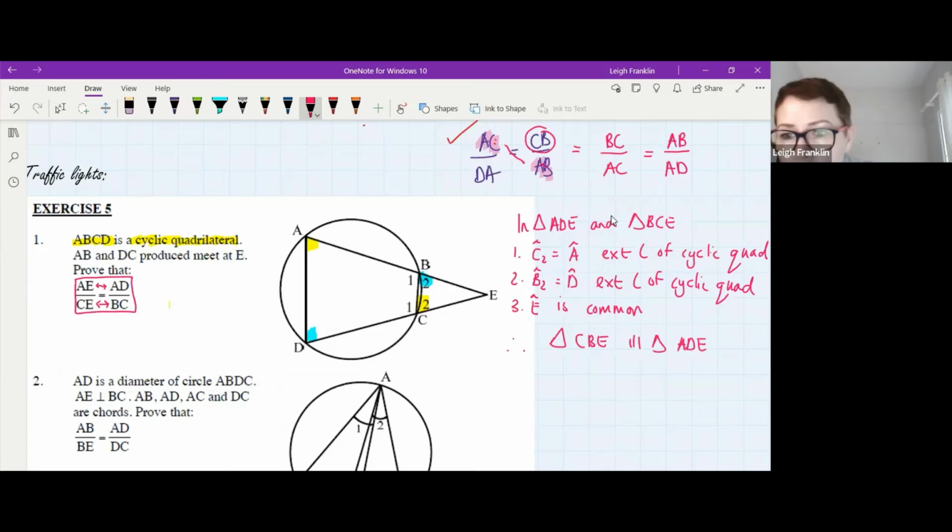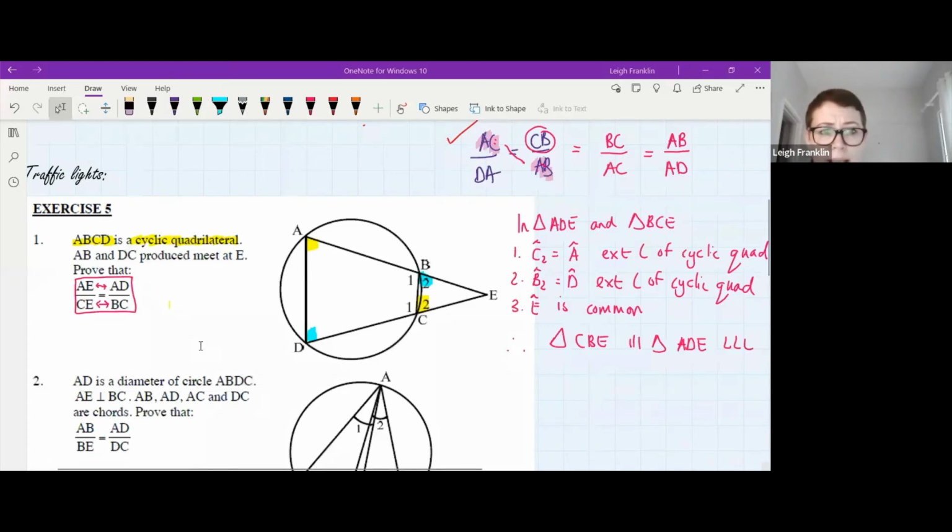Reason being angle, angle, angle. Lovely, Kanisile. What do the rest of you think of what Kanisile said here? Is she right? Yes, ma'am. Good job, Kanisile. Excellent.